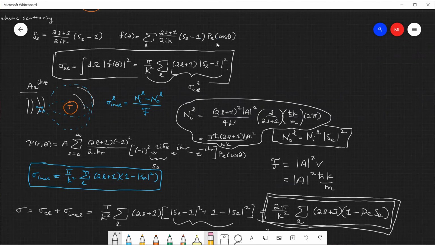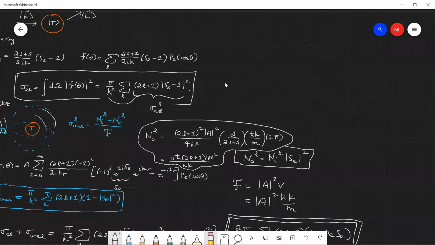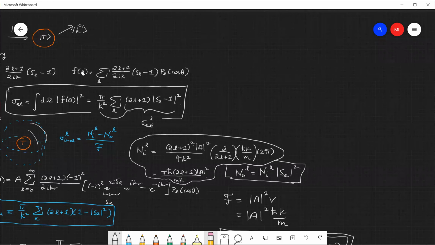The only difference here is we have this P of L cosine theta. That's a little bit annoying, but no big deal. We can just evaluate f at theta equals 0. And what's theta equals 0? That's when the angle between the outgoing and incoming directions is the same. So that means you look at forward scattering, things that just go out in the same direction.